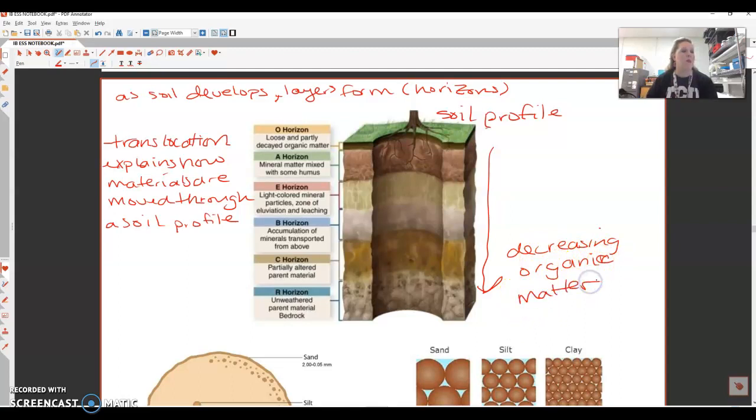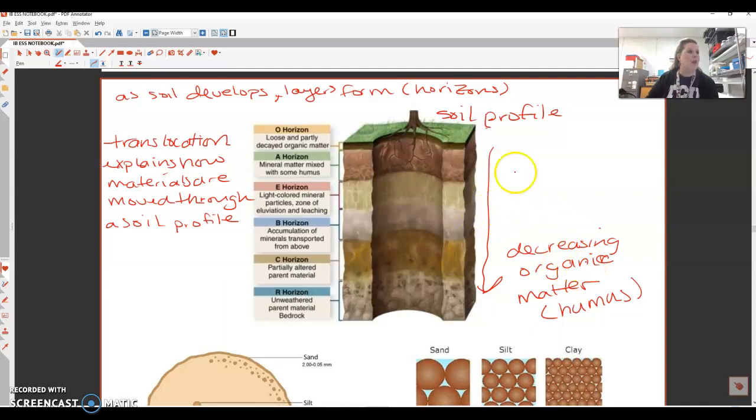Now, organic matter, when we're referring to soil, is called, I know this looks like hummus, but it's not, it's humus. Hummus is stuff that you eat. It's a dip type stuff you buy at the grocery store. That's not the same thing. This is humus. Humus is organic matter that's found in soil. Okay?